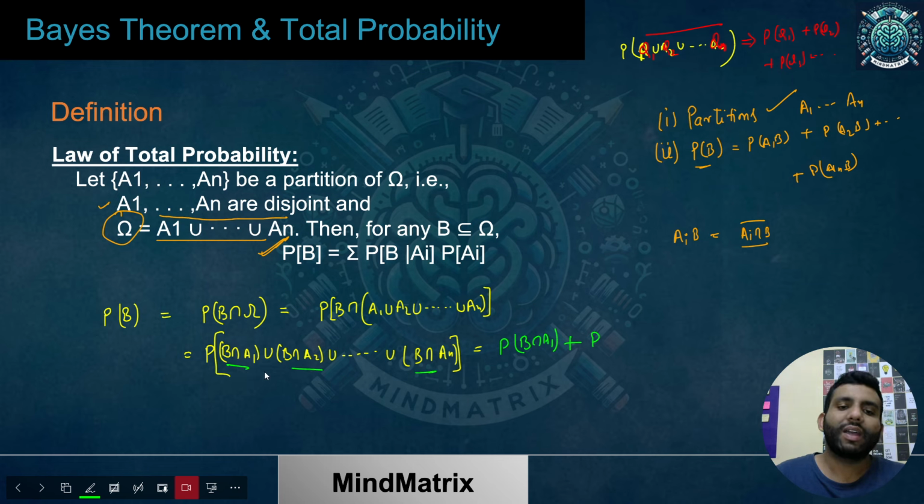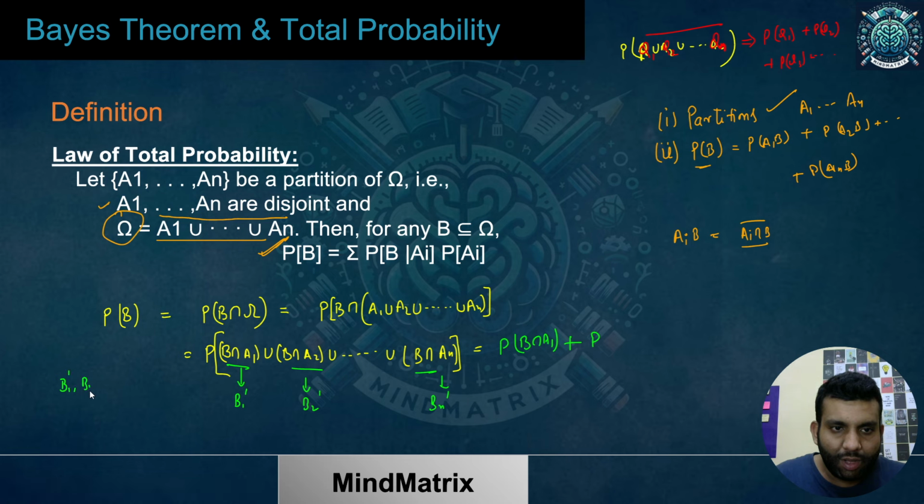Because A1, A2, up to AN were disjoint, and if I take the intersection with B, whatever I get, let's say this is B1 dash, B2 dash, up till Bn dash, these form a partition of the B event.